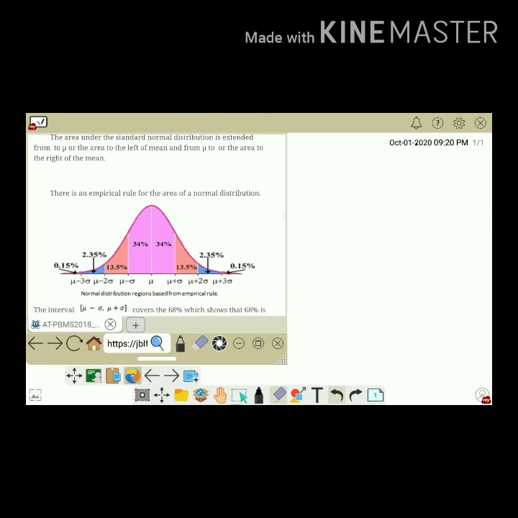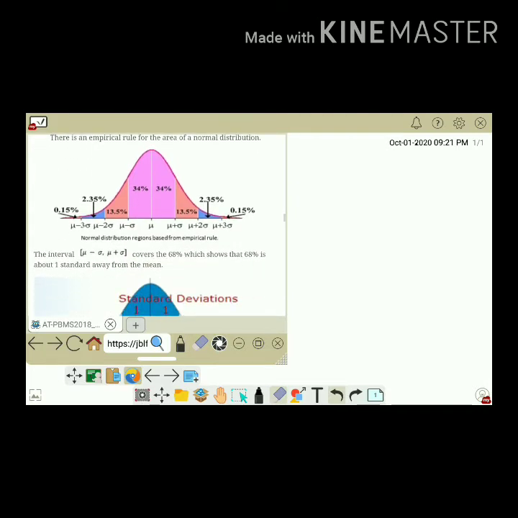Okay, so another thing to remember, the empirical rule. When we say empirical rule, this determines the area to the left and area to the right. Example, on your standard normal curve that I've showed you, you have here 0, -1, -2, -3.